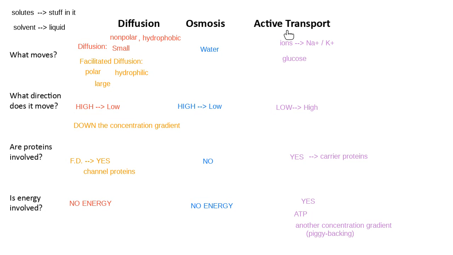So active transport, when I move my ions, sodium and potassium, the wrong direction, or when I move glucose inside, even though I've already got a lot of glucose inside, when I go from low concentration to high concentration, that's going to take energy. And if it takes energy, I'm going to have to use a carrier protein.